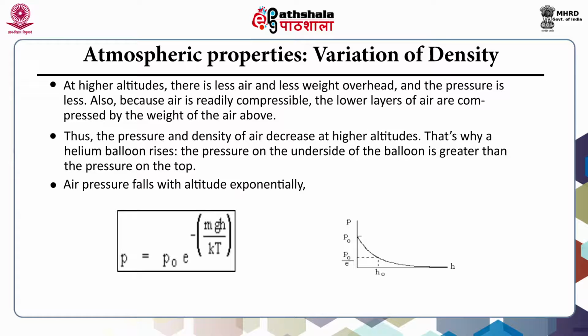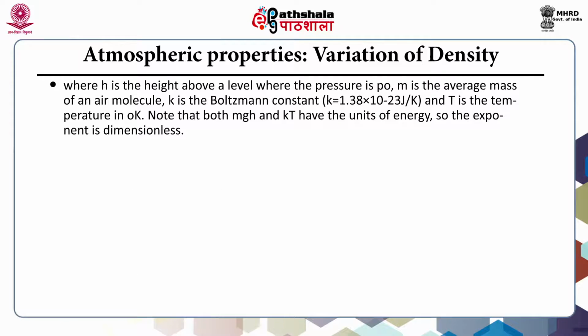This figure shows how air pressure, on the y-axis, falls exponentially with increase in altitude, on the x-axis. The mathematical form of this is given in the equation P = P0 e^(-mgh/kT), where h is the height above a level where the pressure is P0. m is the average mass of an air molecule. k is the Boltzmann constant, where k = 1.38 × 10^-23 joules per Kelvin, and T is the temperature in Kelvin.